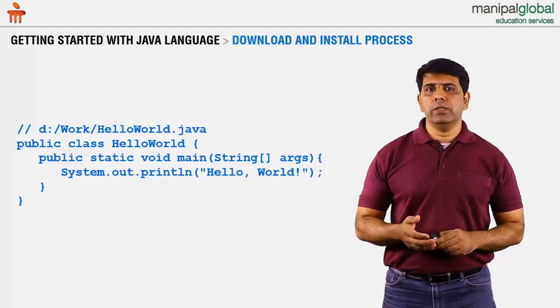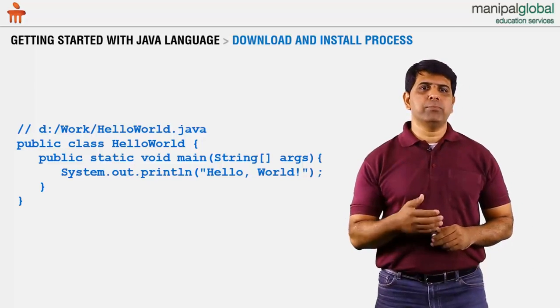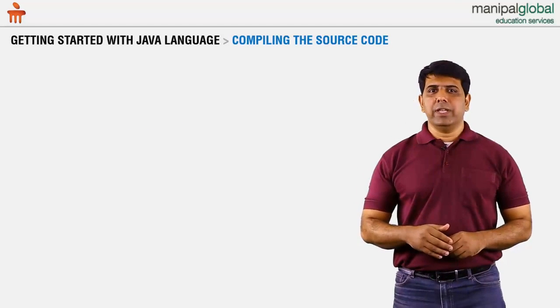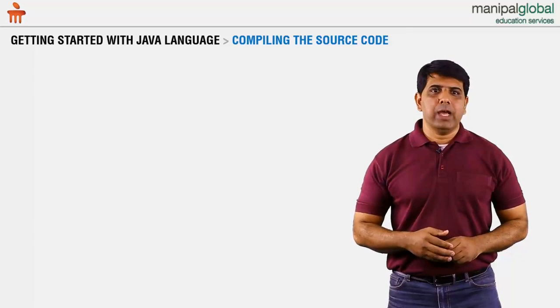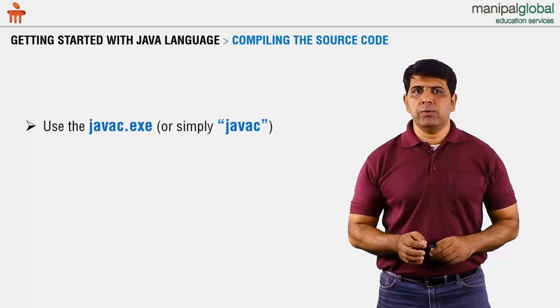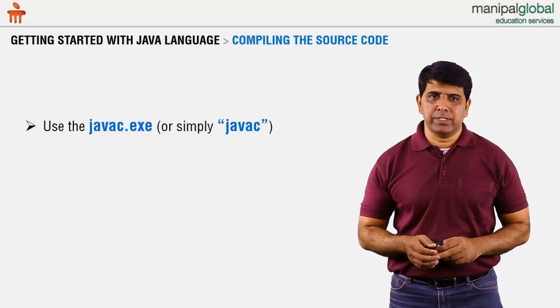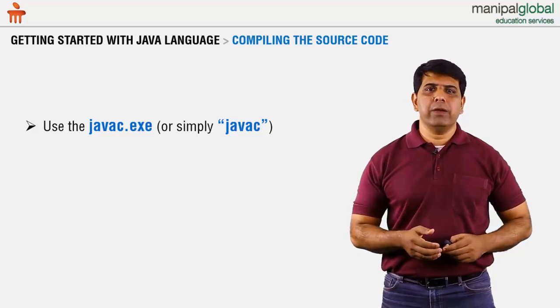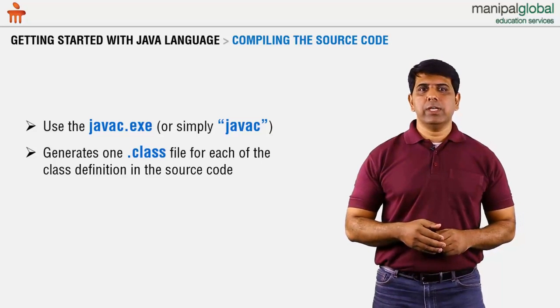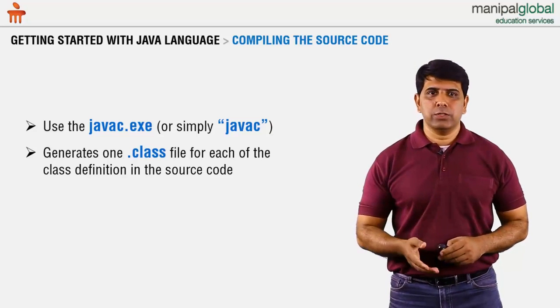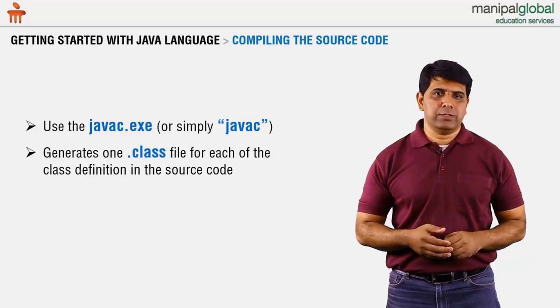The next step is to take this source code and compile it. For compiling, we use javac.exe on Windows. However, on other platforms such as Linux and Mac, you'll simply have it as javac. All you have to do is supply the source code and you will get the .class file.